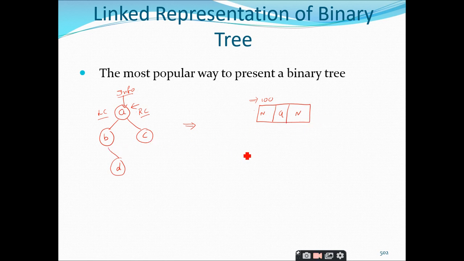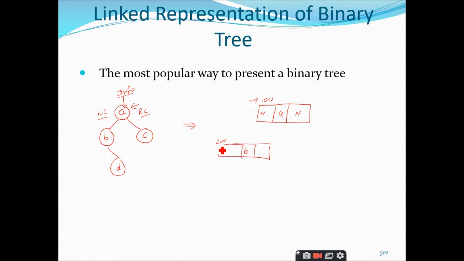And similarly, I want to create another node B. That is done by using dynamic memory allocation, and assume that the base address is 200 for this node, and I am storing the information part in the middle part, and this node should be attached as the left child of A. So what should I do?